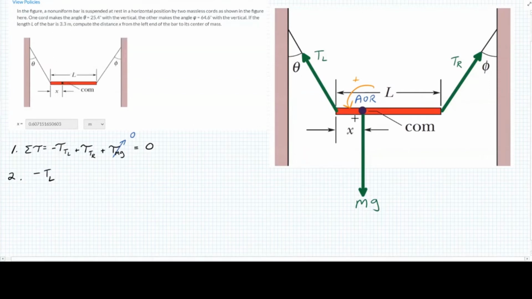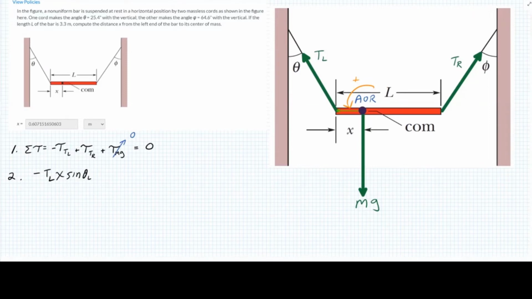There's TL. There's the position vector from the AOR to the point of application. That's equal to X. So there's my minus TL times X. Got it. Plus my right side tension, TR, times its, oh, and I forgot the sine theta. Back up. X is the position vector. X sine theta L is the torque arm.